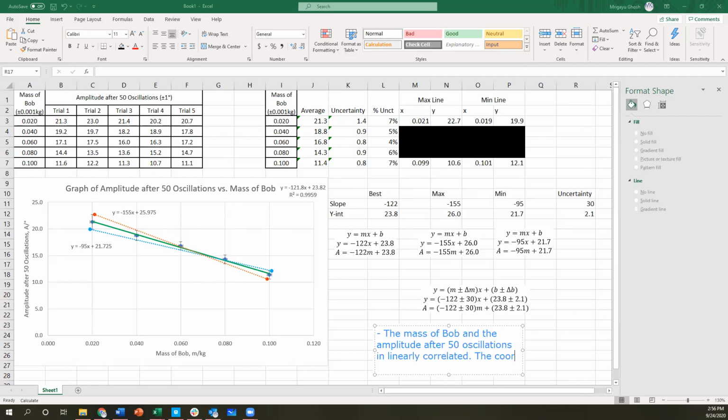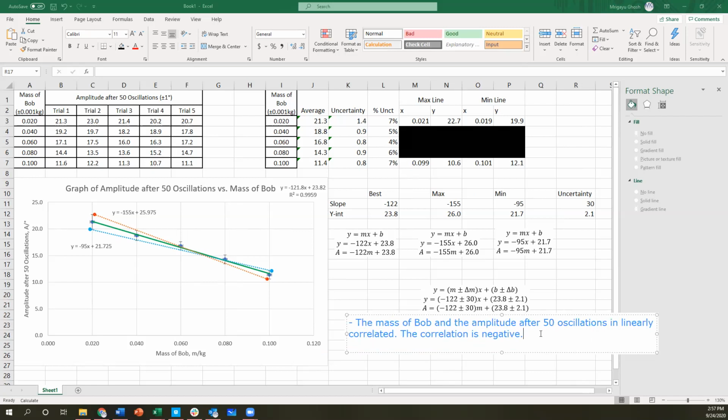The correlation is negative. You can specify that as well, because there's a negative slope. I'm not going to write out the full thing because it'll take space, and I don't have the space on my screen.